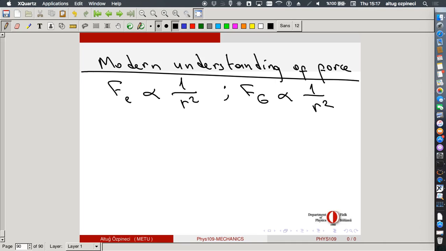We will be transferring energy. Since we are exchanging energy, our velocities will be changing. But changing velocity means there is an acceleration. But if there is an acceleration, Newton defines it as force. Now, how is it related with this 1 over r squared? As we are exchanging photons, I emit photons in every direction.